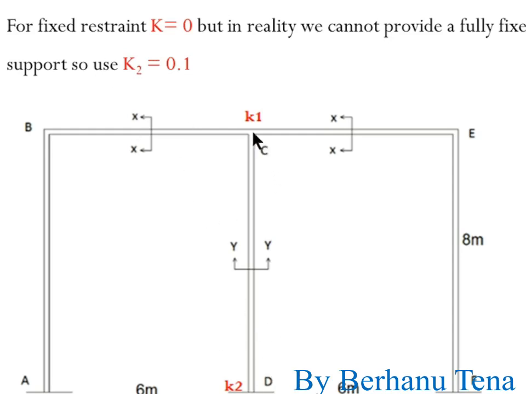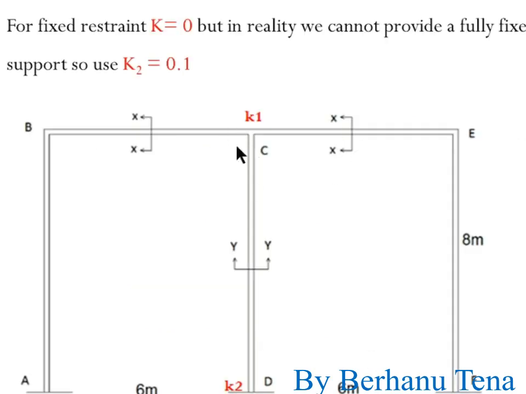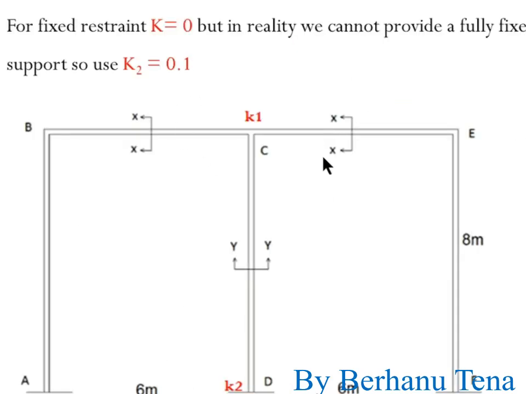At end 1, or at point C, k1 is calculated based on the connected elements, two beams and one column. That is why we use two times the relative stiffness of the beam, to represent the two beams.